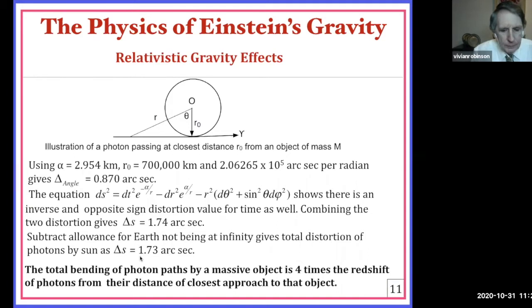Alpha over 2 r0 is the redshift of photons from the sun's surface to infinity. Transferring that to other masses means the total path distortion in radians of a photon passing a massive object is 4 times the redshift of its distance of closest approach to the center of mass of that massive object.